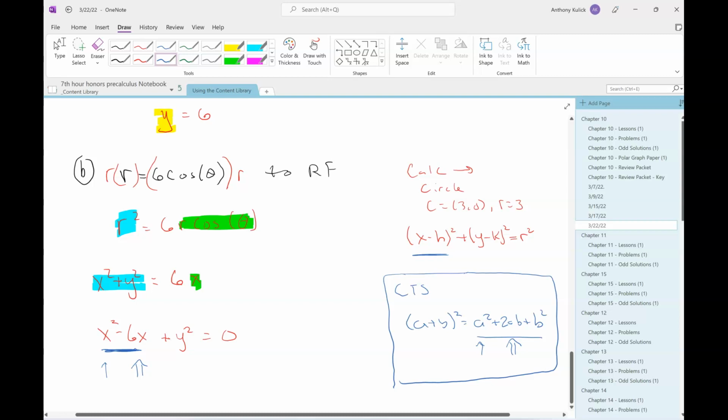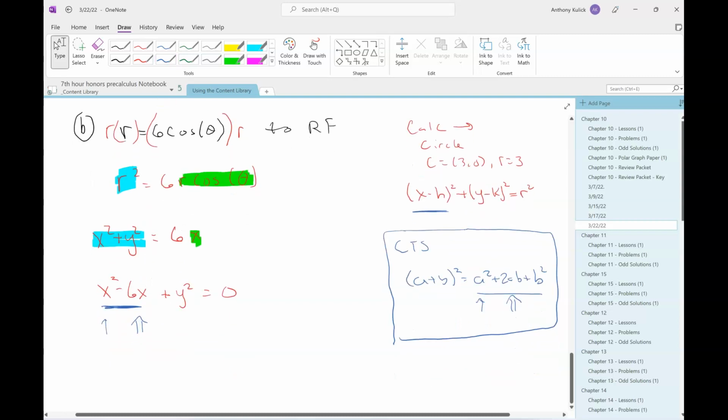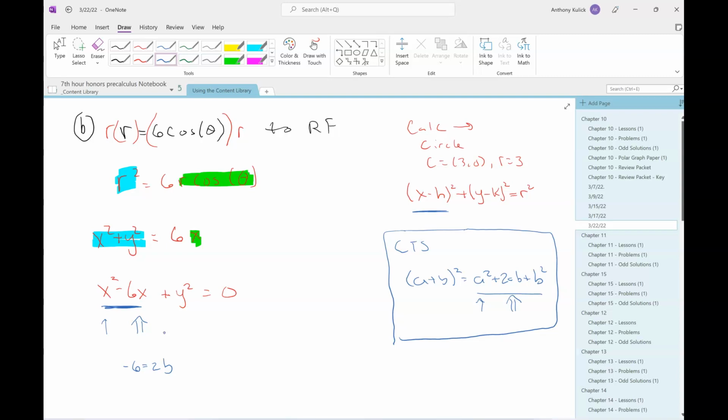So if I know x is a, then I know that negative 6 is equal to 2b, right? Everybody's okay with that? If a is x, then negative 6 is equal to 2b, or just that b is equal to negative 6 over 2.